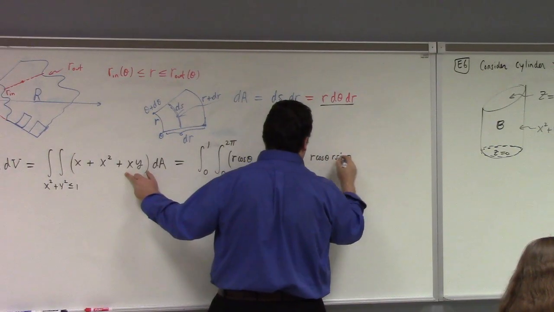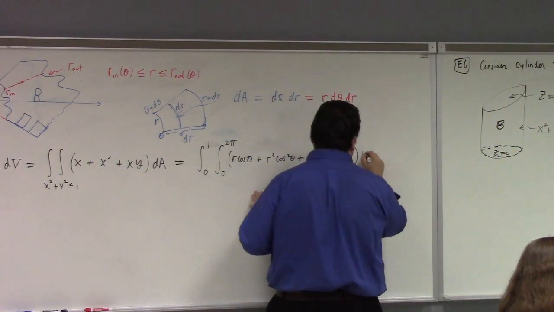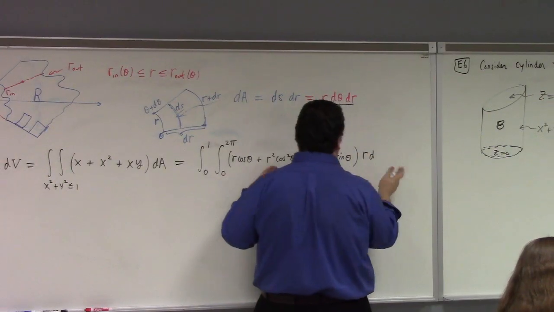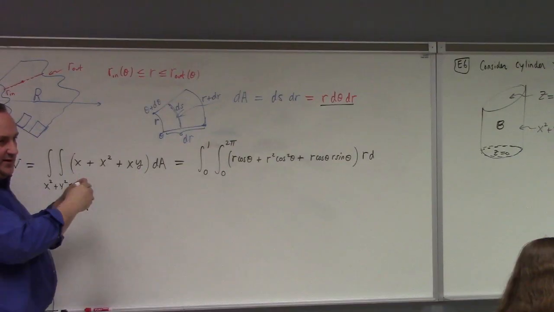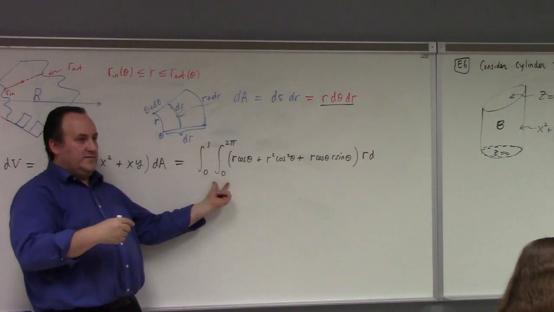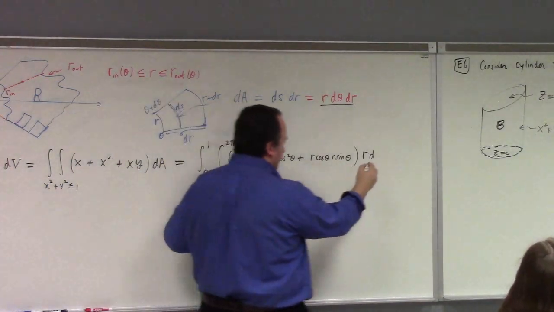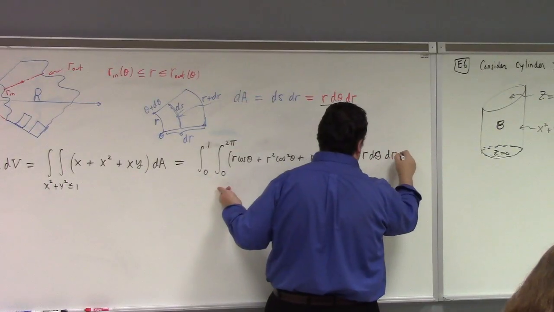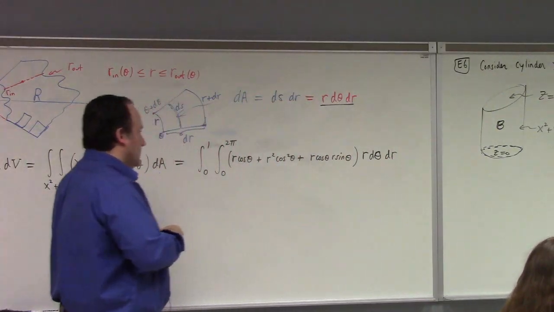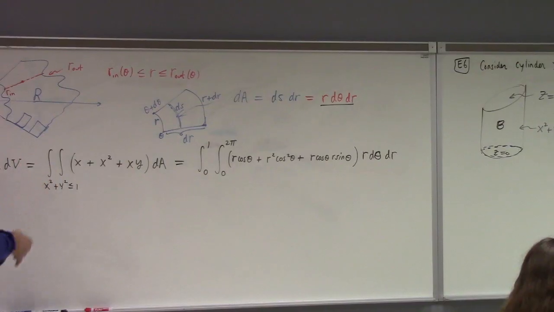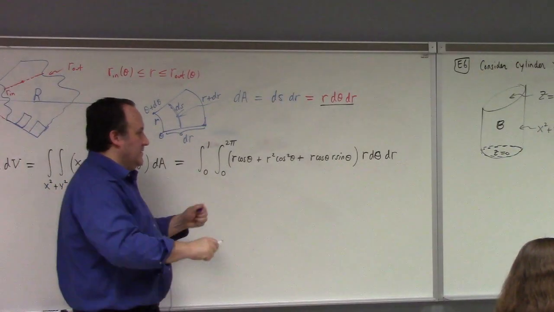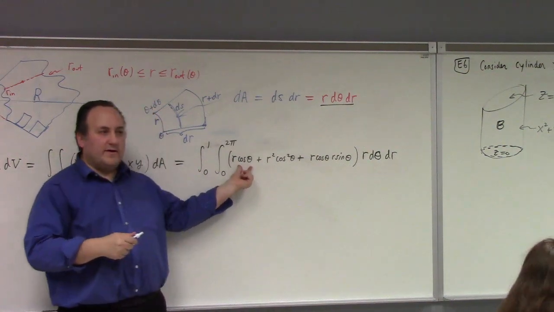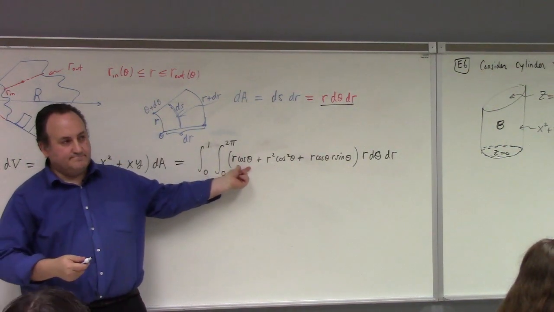You remember polar coordinates, right? And my dA is r. Now I've got to be careful about which one comes next. Same rules of engagement as we've been doing up to now: the theta bounds and theta differential come first, and then r comes second. But look, what happens when we integrate cosine theta from 0 to 2 pi?